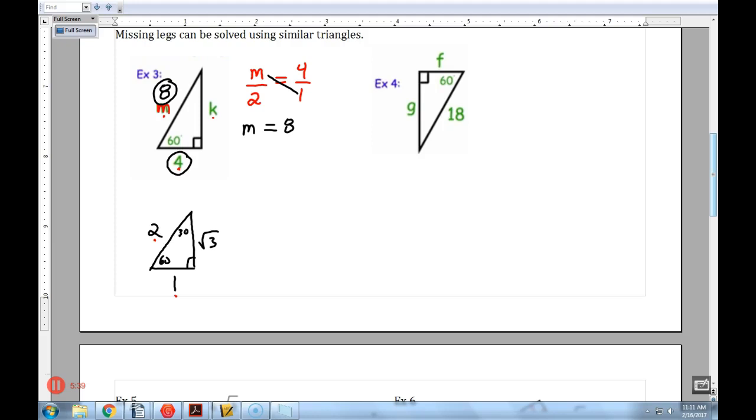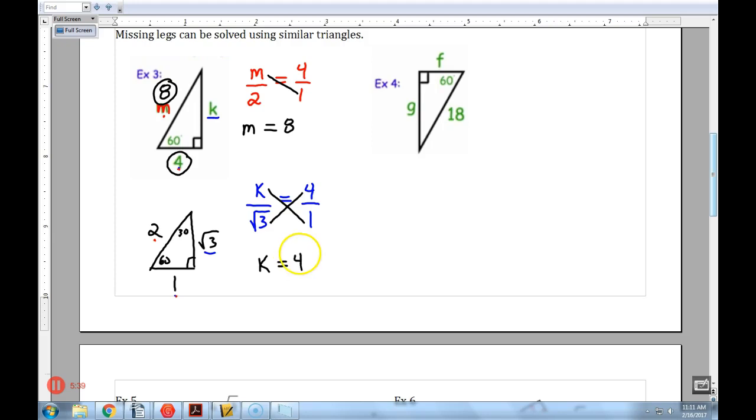And then similarly, if I want to do it with k, I can put k is to the square root of 3, as 4 is to 1. And when I solve this problem, I cross multiply and I get k equals, when you multiply a whole number times a radical, you cannot multiply the 4 times the 3 because the 3 is inside that radical.